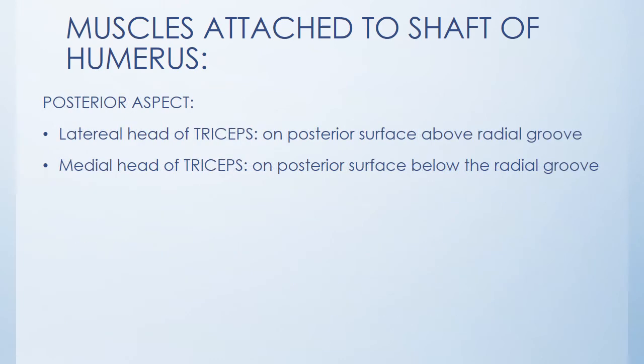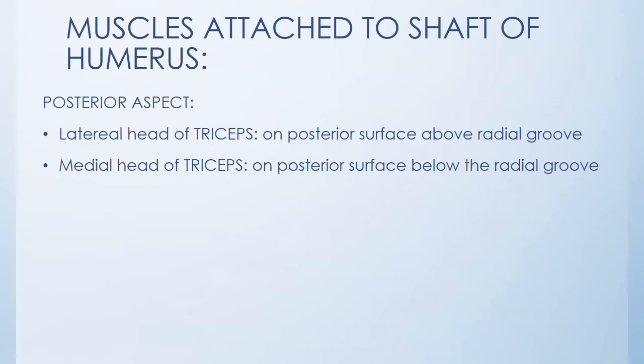Now we will see the name of the muscles which are attached on the posterior aspect of the shaft of the humerus. It is triceps, and as we know that it has three heads, but when we talk about the shaft of the humerus, we should know about the lateral head and the medial head.